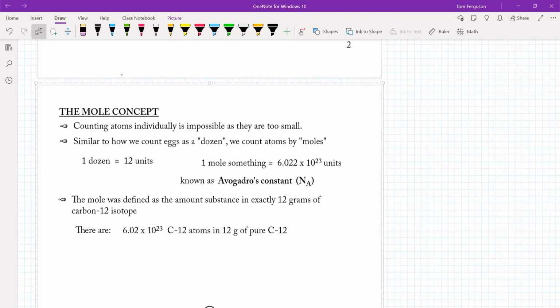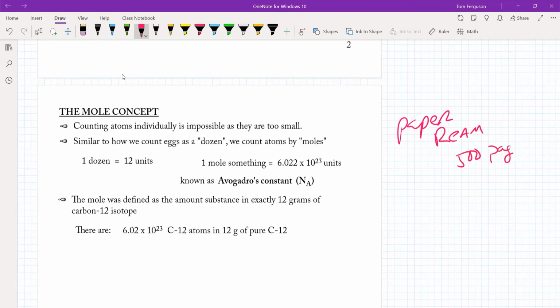The basic unit is the dozen, because we always talk about a dozen eggs. That's the egg industry. If we're talking about the paper industry, we're talking about a ream, which is 500 pages.